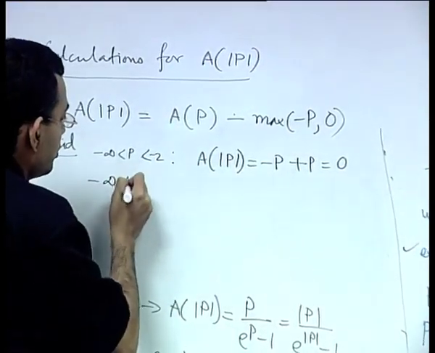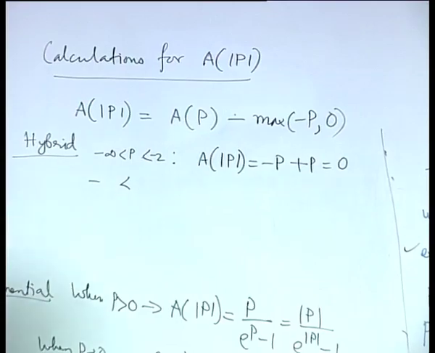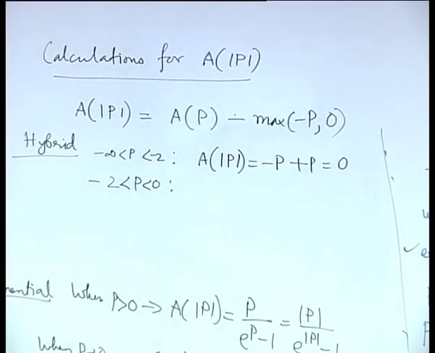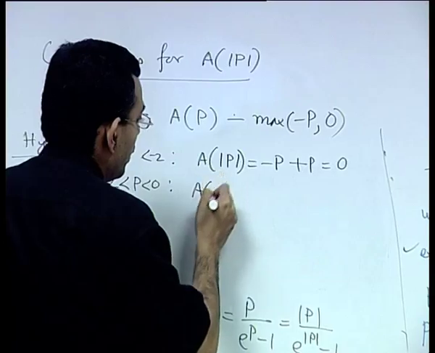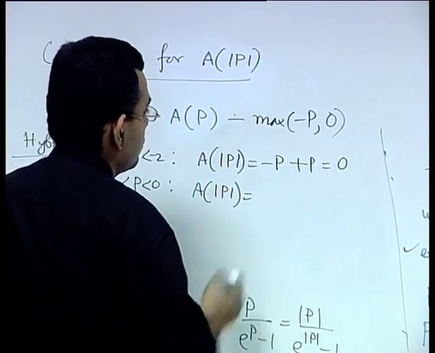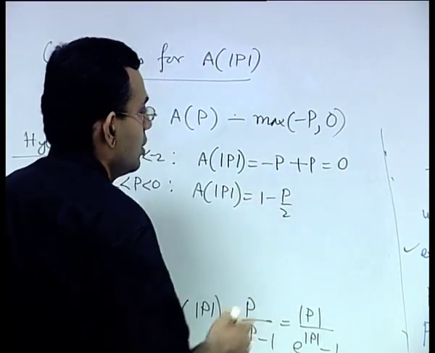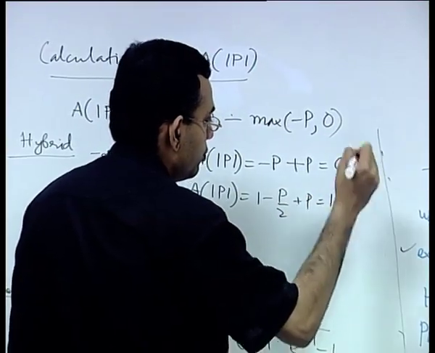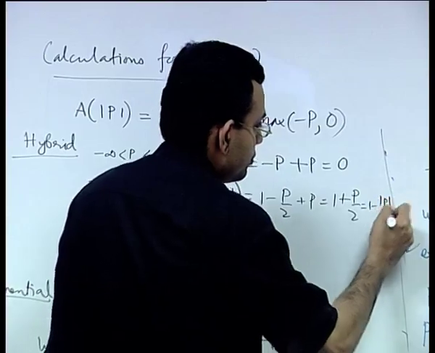Between minus 2 to 0, A of mod p equal to 1 minus p by 2, that is A of p, plus p, that is 1 plus p by 2, that is 1 minus mod p by 2.